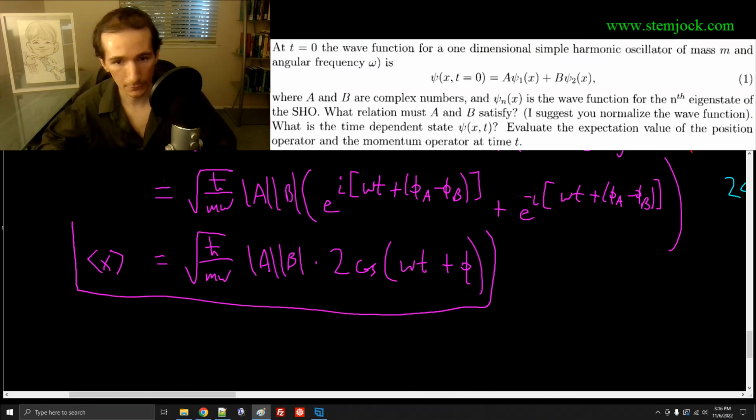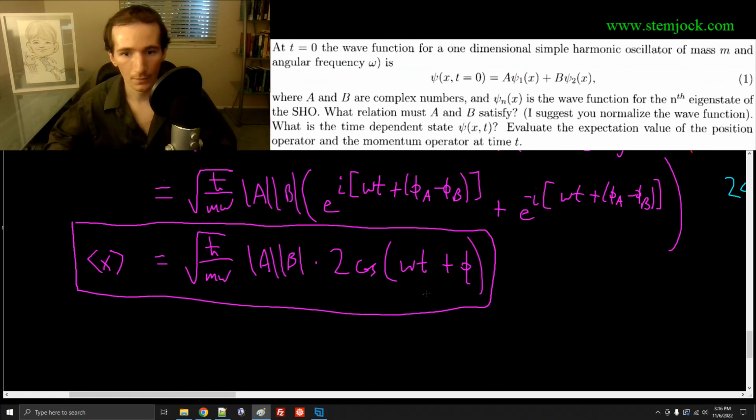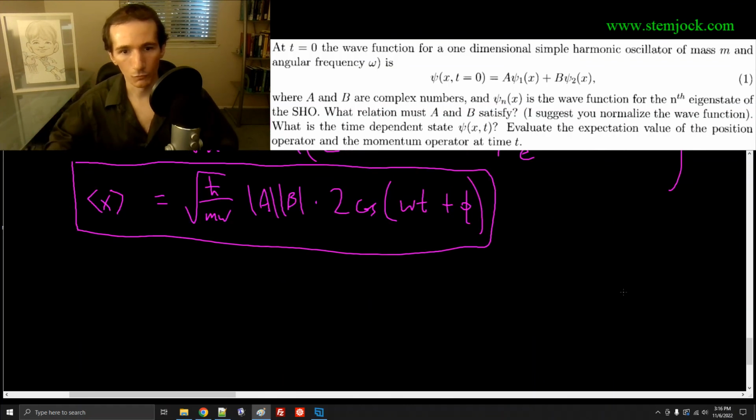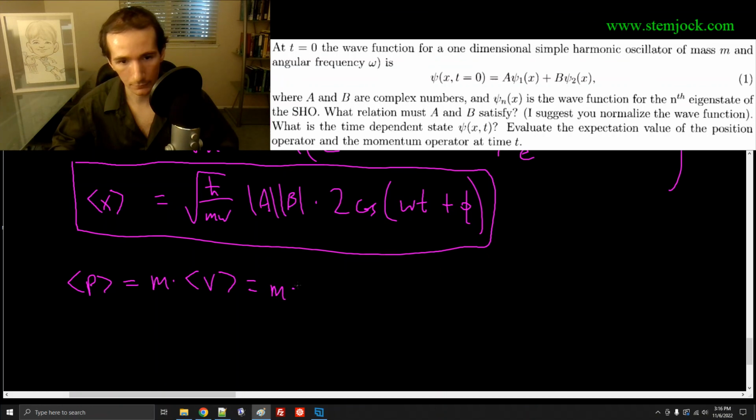Notice that it is a function of time. So the way we calculate the expectation value of momentum quickly is by recognizing that this is the mass times the expectation value of velocity. And the expectation value of velocity is the time derivative of the expectation value of position, which is what we just calculated.